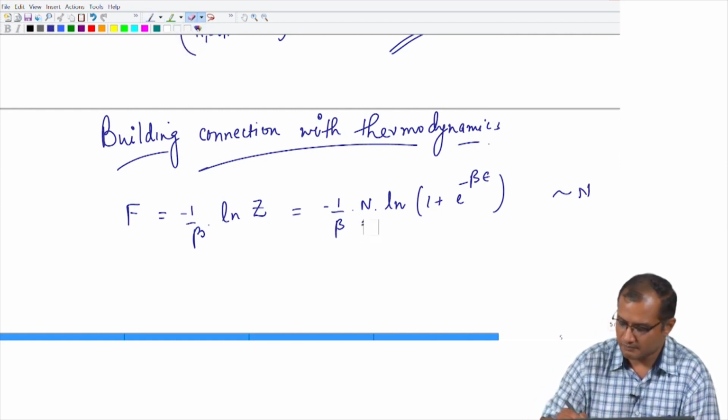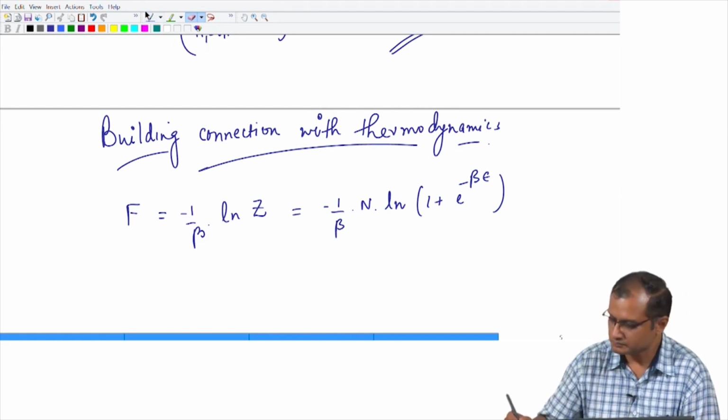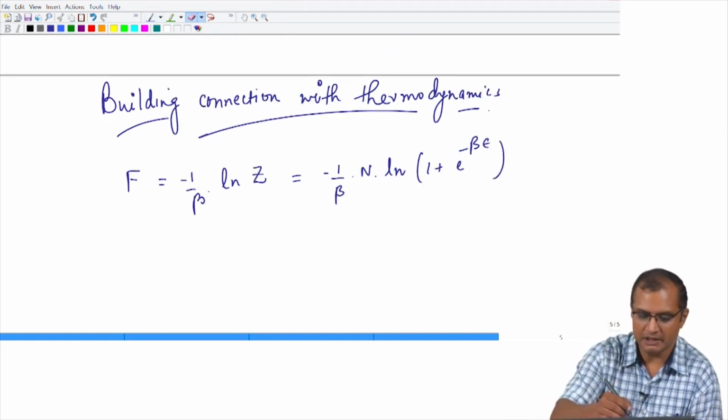So, now I can compute the total energy of the system.